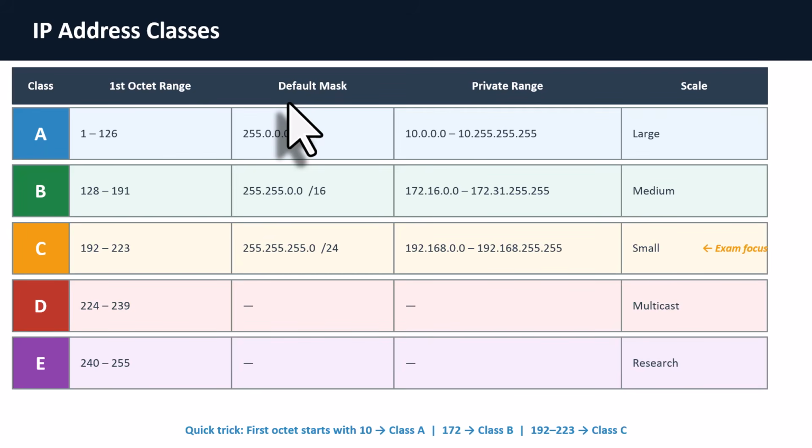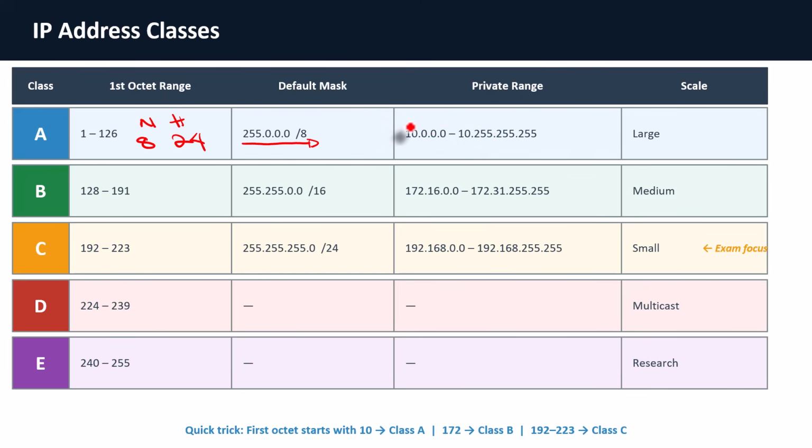Because for class A, we have our network bits and our host bits: a total of 8 network bits and 24 host bits. That's why we arrive at this default subnet mask.